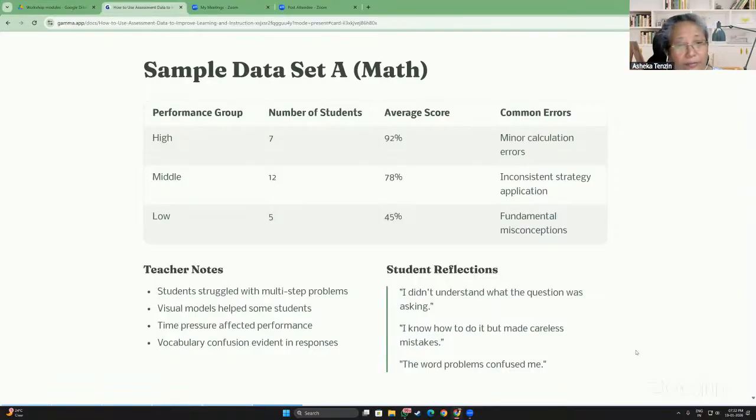This is one set of data. This is for math, where you have the different types of performance group. You have the number of students that are there, what is the average score, and what are the common errors that they make. There are some teacher notes and there are some student reflections. All right, this is one data set.